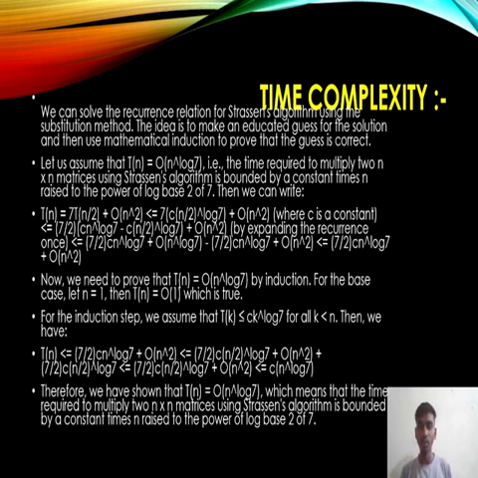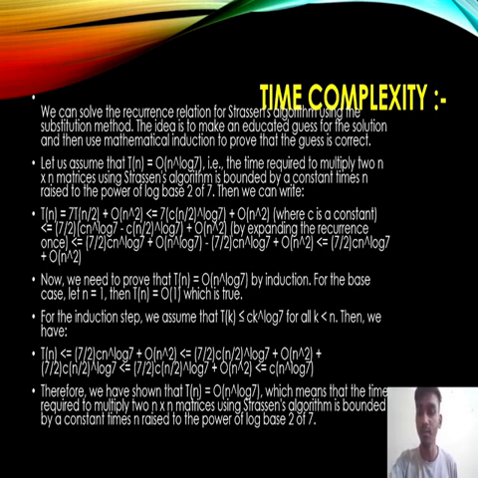Now we need to prove that T(n) is equal to big O of n^log 7 by induction. For the base case, let n be equal to 1, then T(n) is equal to O(1), which is true. For the induction step, we assume that T(k) is less than or equal to C k^log 7 for all k less than n.